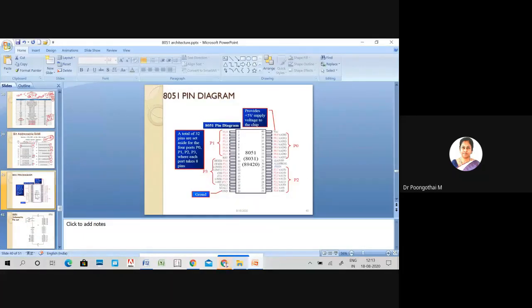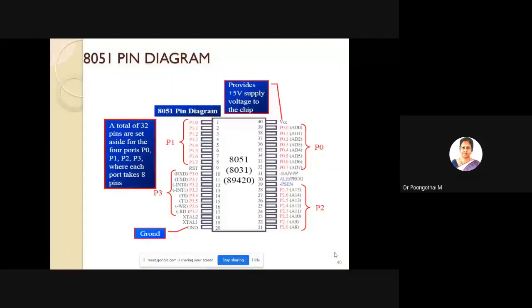So next, the pin diagram of 8051. 8051 is a 40 pin DIP IC. Many pins are multifunctional. For example, 32 pins are allocated for IO: port 0, port 2, port 3, and P1.